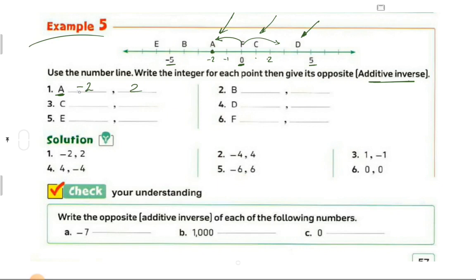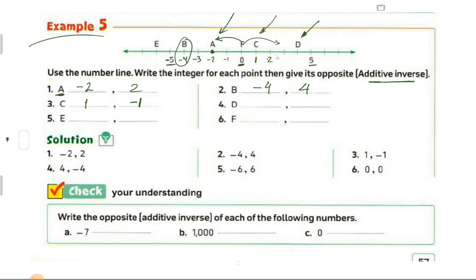This negative, its opposite is positive. Okay, B: we have -2, -3, -4, B is -4. Its opposite is positive 4. C, just after 0 is 1. It's positive 1, so its opposite is -1.